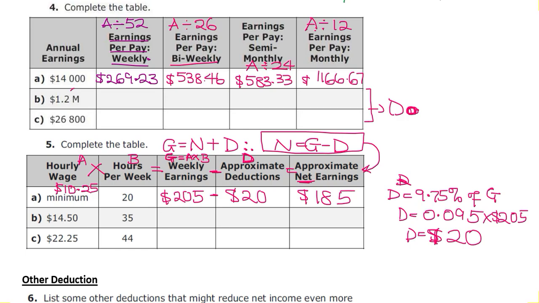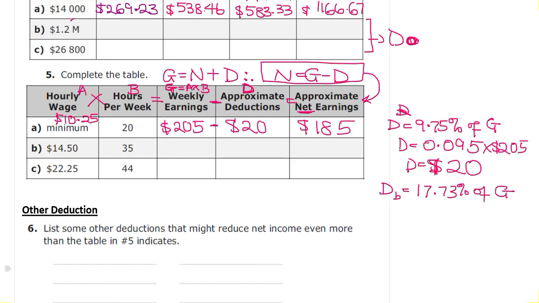So for B, for deduction B, I want the percentage to be approximately, let's say 17%, or let's say 17.73%, and I want you to tell me how much is the deduction when you apply 17.73% of the gross income to this column right here.